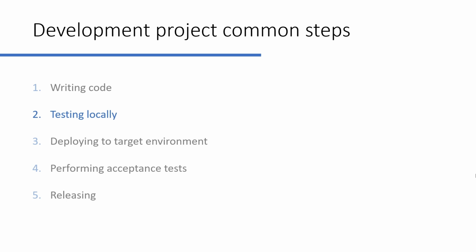When we perform local testing in an on-premise world, it's quite easy, right? Because we are either working on a Windows machine or a Linux machine that represents the target production environment. Usually, if your company is using Windows as a production environment, you will be developing on a Windows machine.